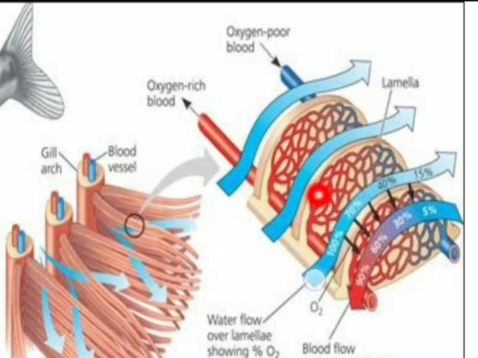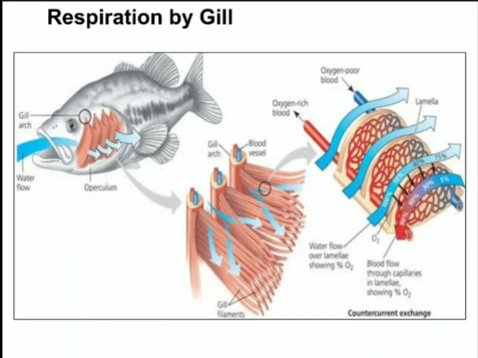Water is going from left to right, and blood is moving from this side to this side, that means right to left. So it is like a counter current exchange. Water is moving from the left side to the right side, and blood is moving from the right side to the left side. Not always is the movement contraflow in that sense; it doesn't matter that water will always move from left to right.